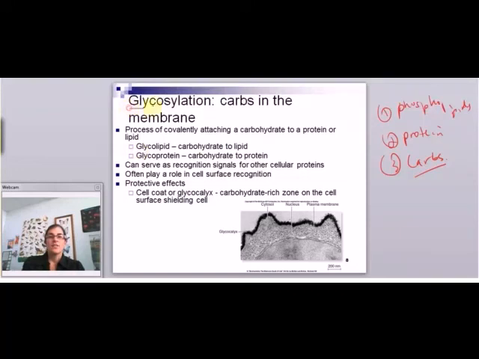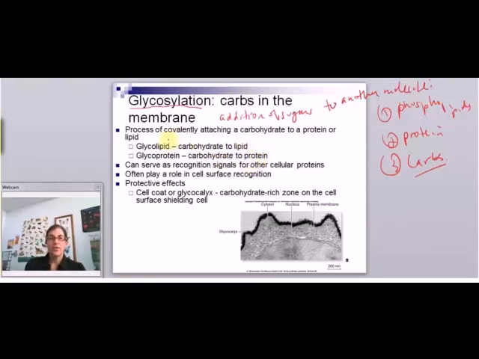Glycosylation is a word that means addition of sugars to another molecule. It's the process of covalently attaching a carbohydrate to a protein or a lipid, and this would form either a glycolipid or a glycoprotein. So a sugar attached to a lipid or a sugar attached to a protein.